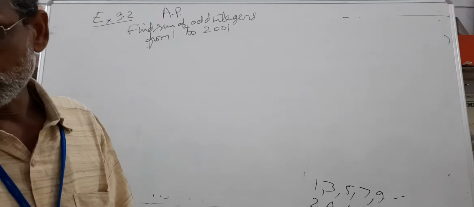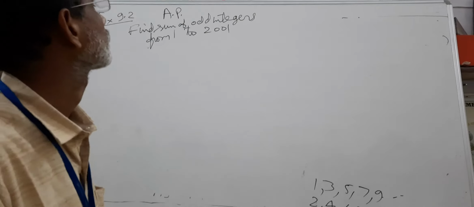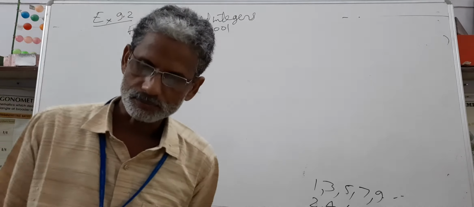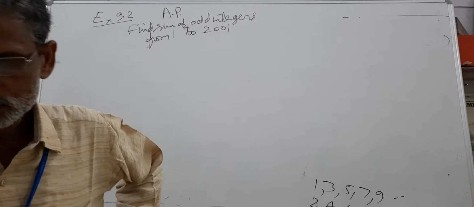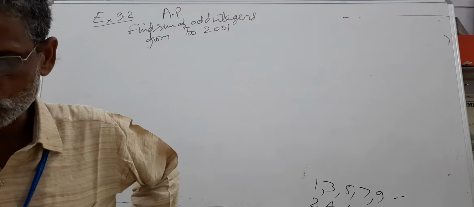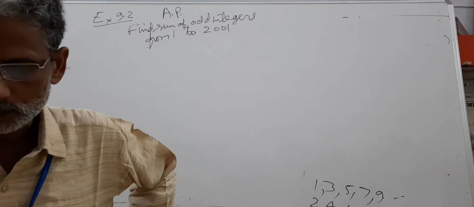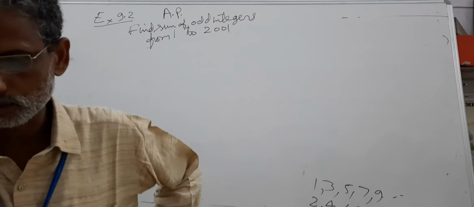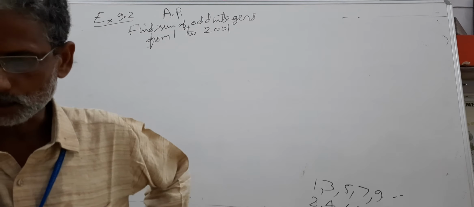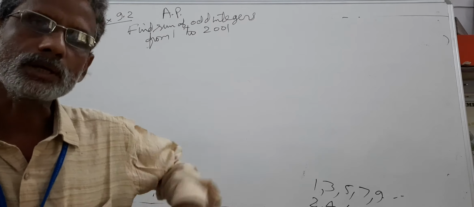Find sum of odd integers from 1 to 2001. There are two wordings, from and between. In same exercise, in your question number 2, it is given that find sum of all natural numbers lying between 100 and 1000. Between 100 and 1000, that is, you cannot take either 100 or 1000.